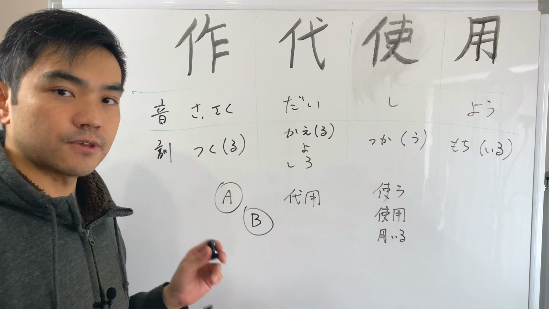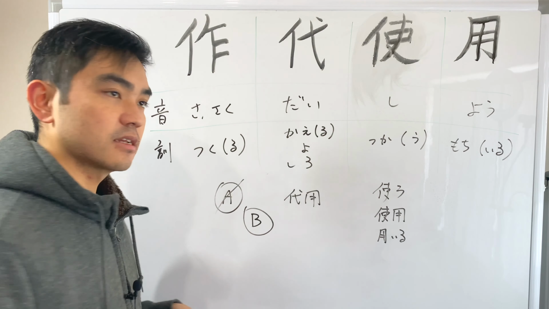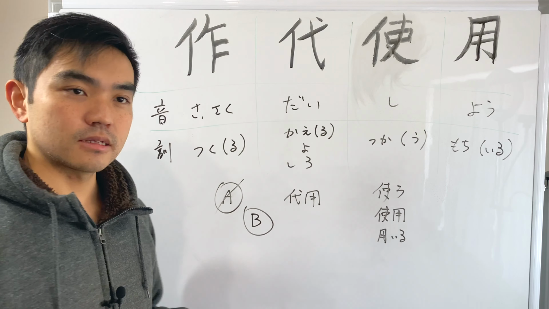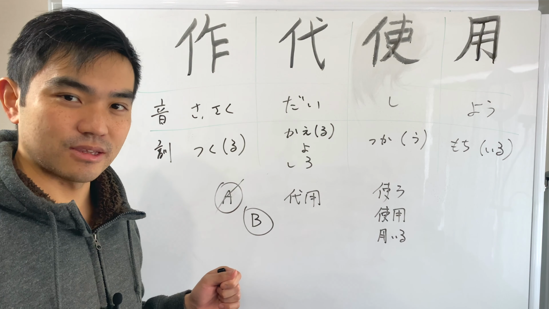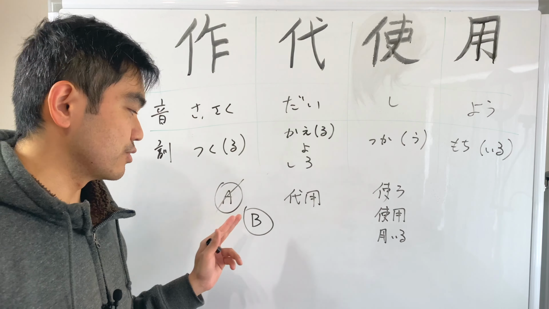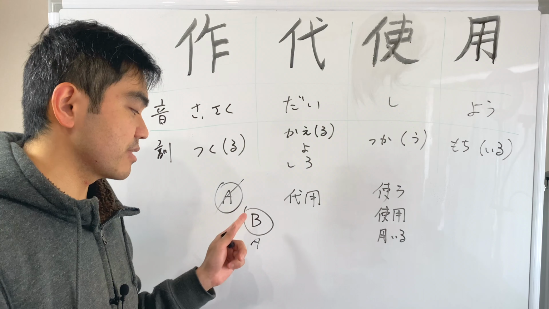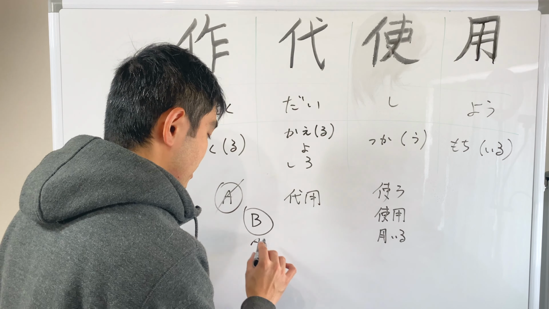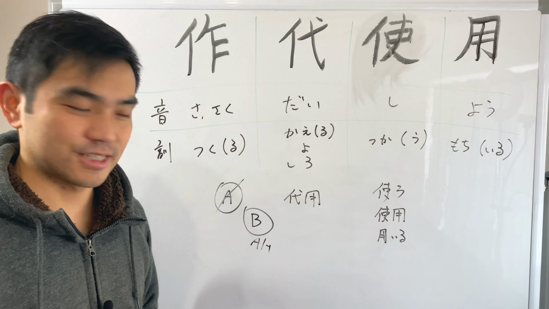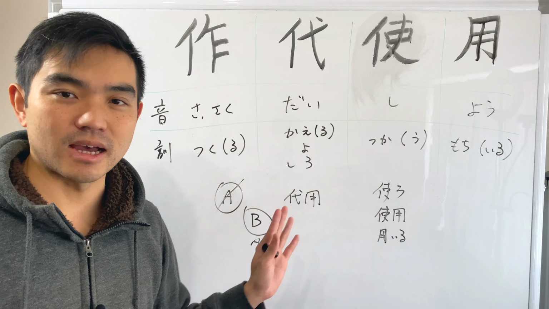So if you want to use the thing A, but you can't use this thing A, so you use this thing B as the thing A. You are using this thing B as an alternative thing, right? So well, we say that 代用.